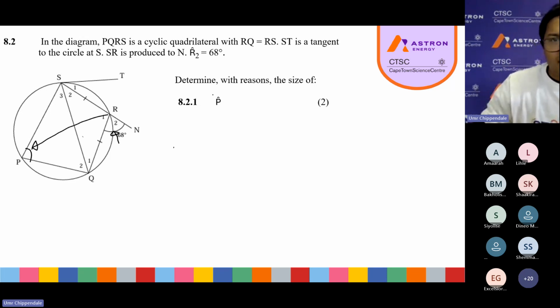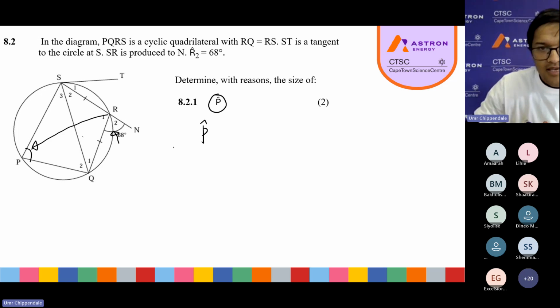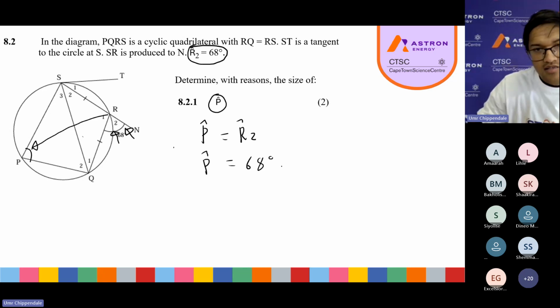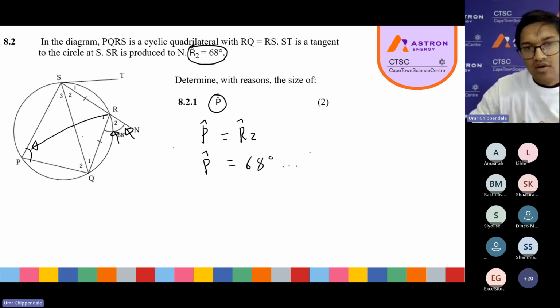And what do they want us to do over here? We need to determine with reasons the size of angle P. And just like that, we can say angle P is equal to angle R2. Why am I saying angle R2? Because this is what they refer to it as. We also saw it over here. So therefore, you say angle P is equal to 68 degrees. And remember, never forget your reasoning.